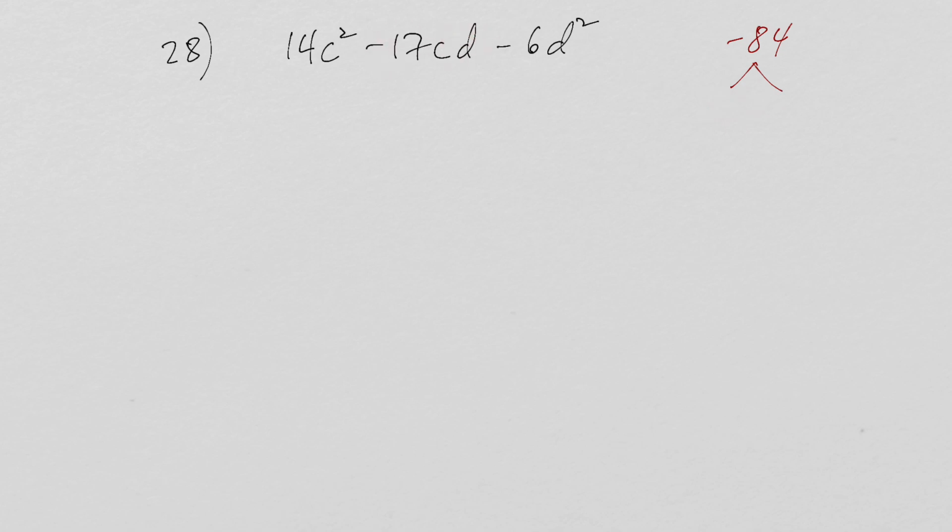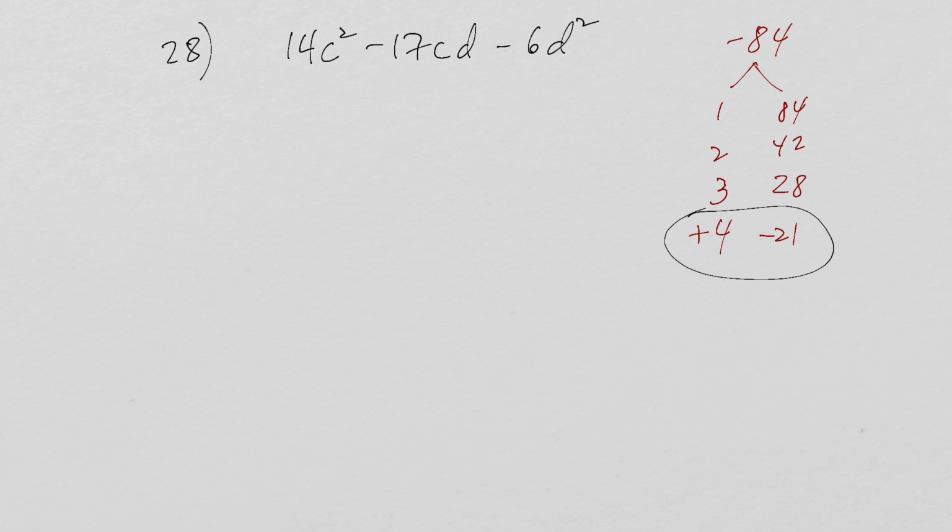So let's list the factor pairs. 1 and 84, 2 and 42, 3 and, let's see, 84 divided by 3 is 28. 4 and 21, there it is. That's our difference. So I'm going to just stop there, even though there's probably more factors. I'm going to put the negative on the 21 and the positive on the 4 because these have to add up to a negative 17.